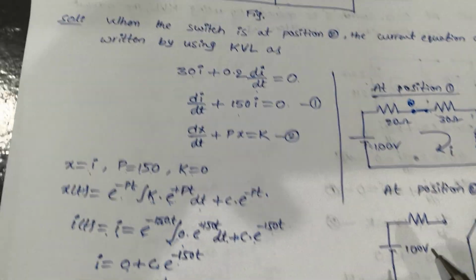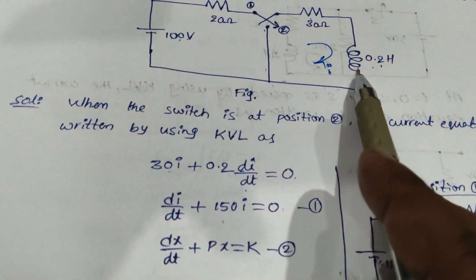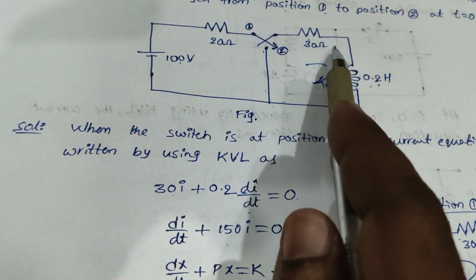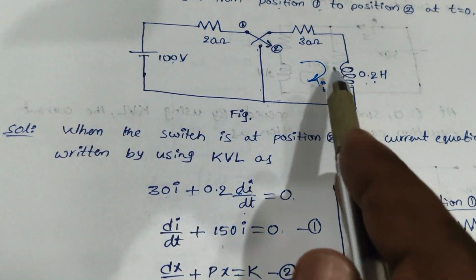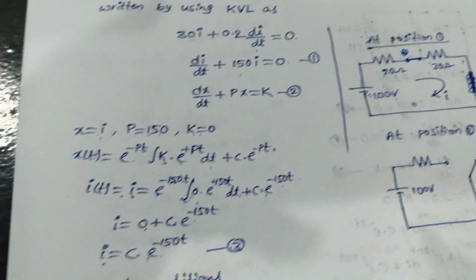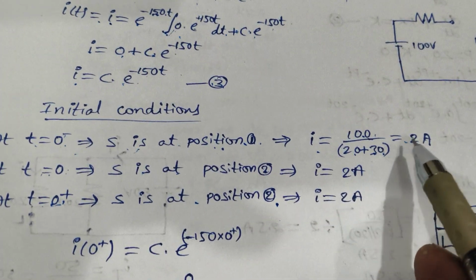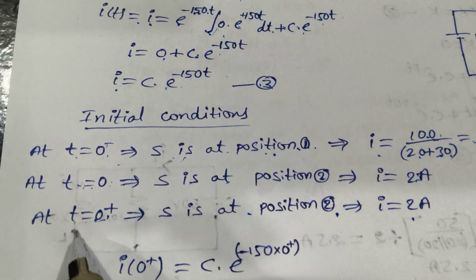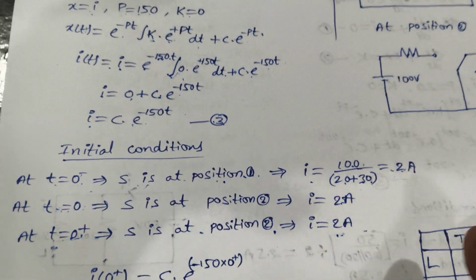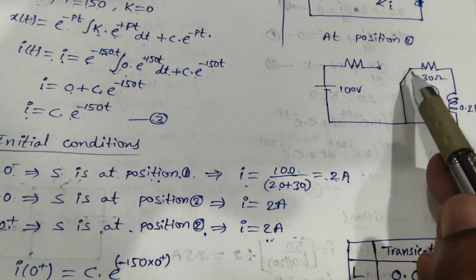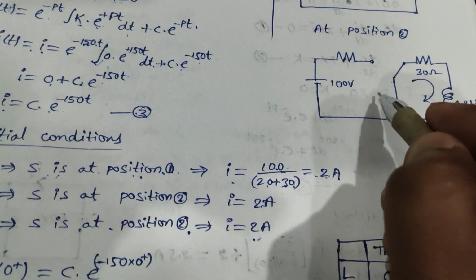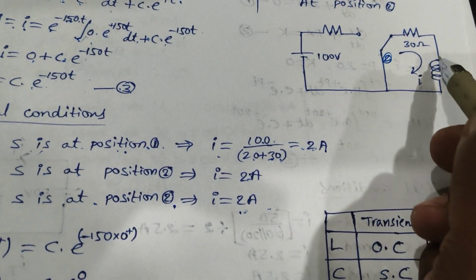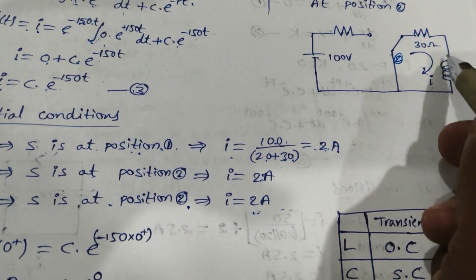What is the inductor property? The inductor does not allow a sudden change in current. Earlier, when the switch was at position 1, it was carrying 2 amperes. Even when the switch is moved to position 2, the same current of 2 amperes will flow, at t equal to 0 minus and 0 plus. So for this circuit, the inductor carries the same current, 2 ampere.